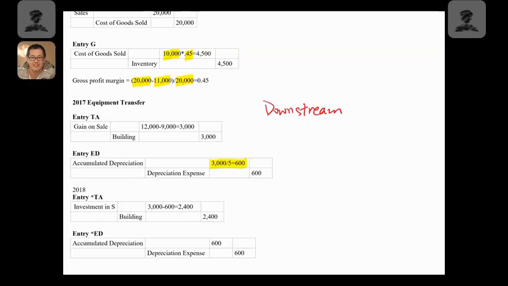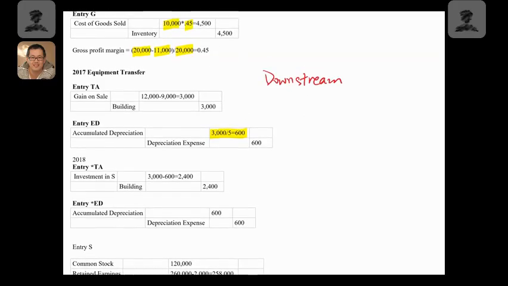Okay, so that's 2017's entry, and 2018's is going to be very similar. Entry *TA is still used to bring the building back to its true book value, because after one year of depreciation, the new overstated amount for the buildings is 24,000.